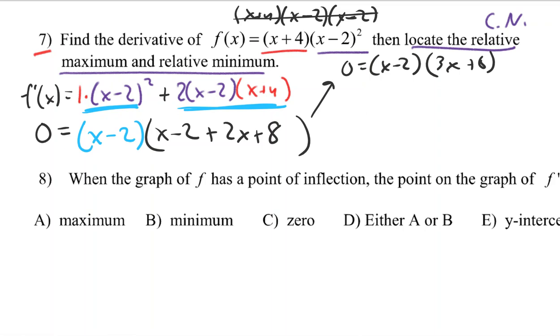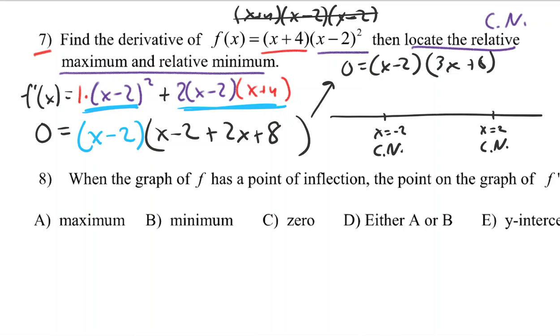This equals 0 at 2. And this equals 0 at negative 2. So this question, notice it didn't say anything about critical numbers, but I know critical numbers are the places that this graph might be changing direction, so this is where I want to test.